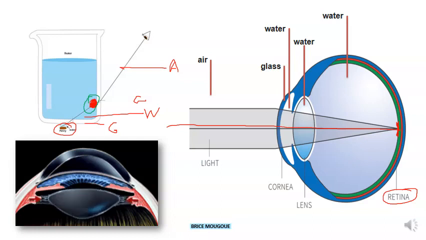So again, for that to happen, light needs to enter the eye and reach the retina. Whatever the eye does, its main mission is to make sure that light is brought to a focus on the retina. However it takes, however it can happen, light needs to reach that focus on the retina.